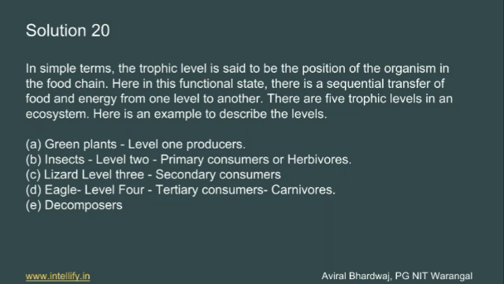So there are 5 levels: green plant, insect as primary consumer, lizard as secondary consumer, level 4 tertiary consumer, and the decomposers. So this is the answer. But you know that a trophic level is the position of the organism in the food chain. This is a basic thing.